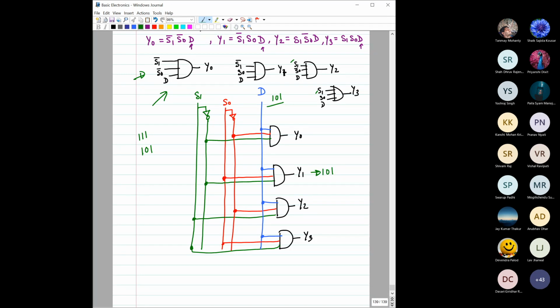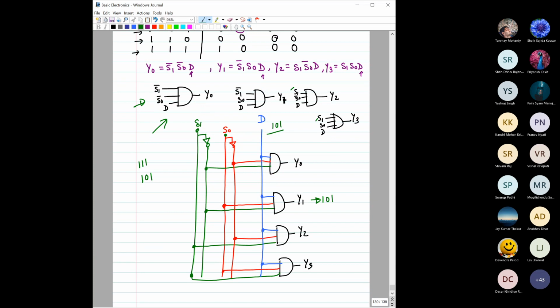Sir, here we are selecting the output from internal, not from external, right? No, not internal. The selection lines depend on you actually. You know where you want to connect this data at a particular moment.